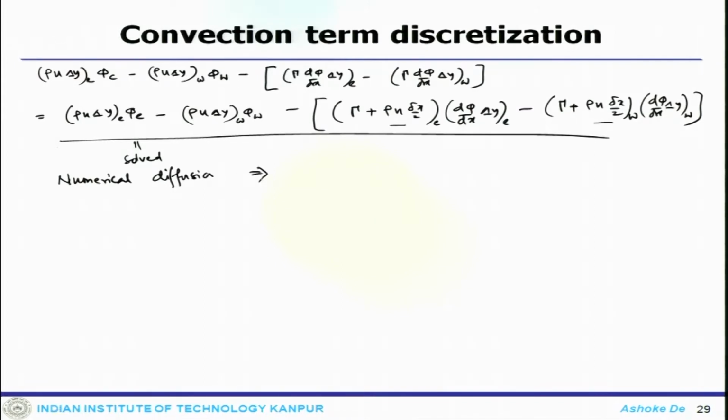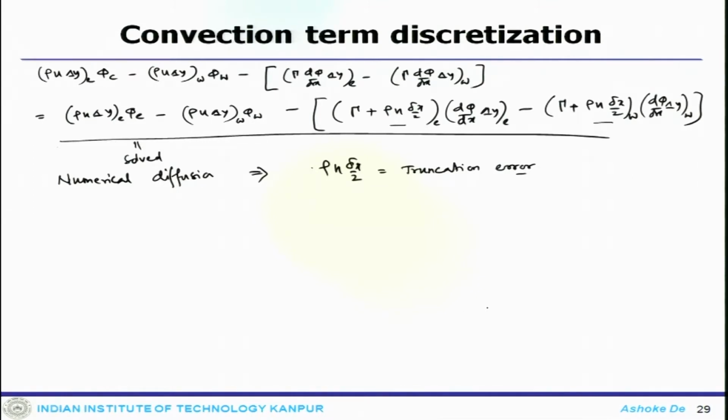So, that is rho u del x by 2. That is the sort of thing one can think of as the truncation error which is there.